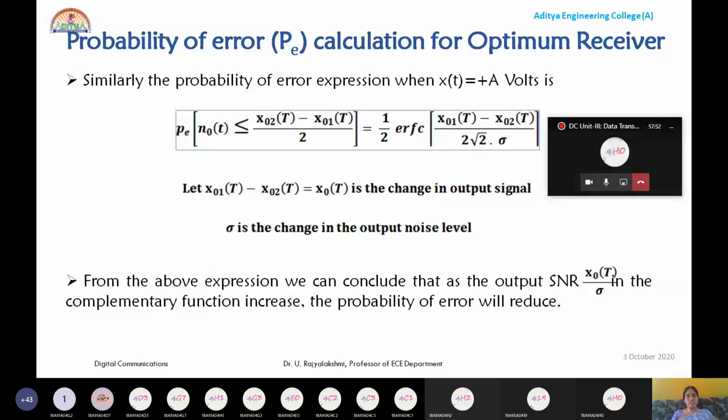Any student please respond. 1 by 2 erfc of (x01 of t minus x02 of t) by 2 root 2 sigma.